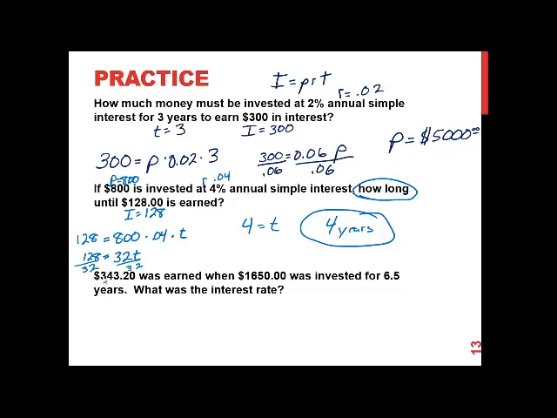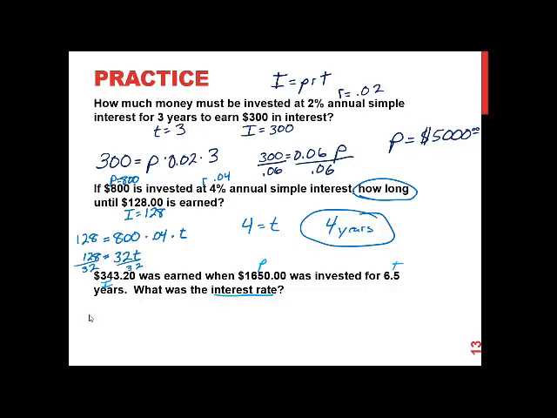Alright, $343.20 was earned when $1,650 was invested for 6.5 years. What was the interest rate? So here we've got our interest, we've got our principal, we've got our time. What we don't have is the interest rate.